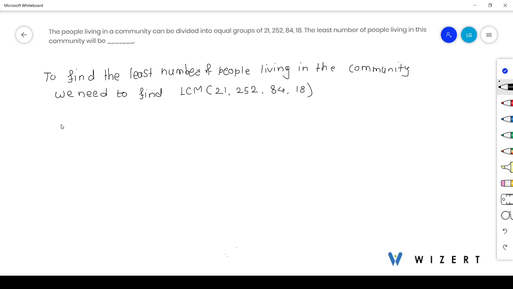So we can find the LCM of these numbers by prime factorization.